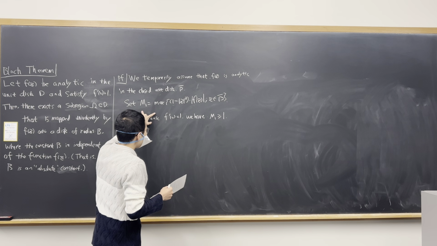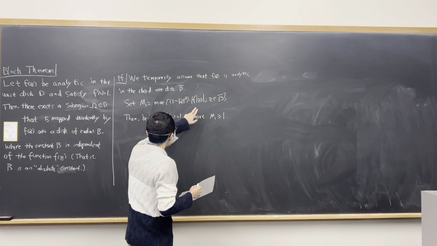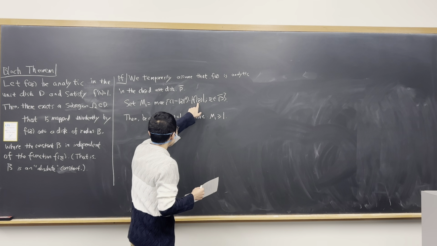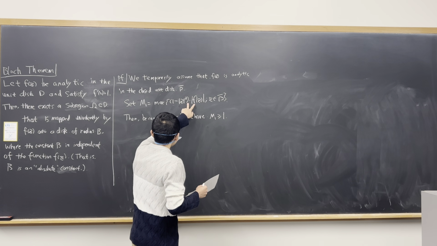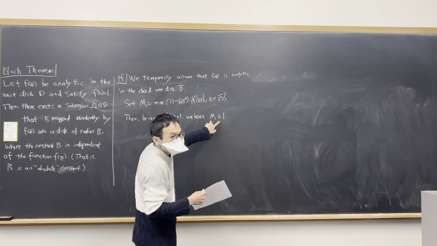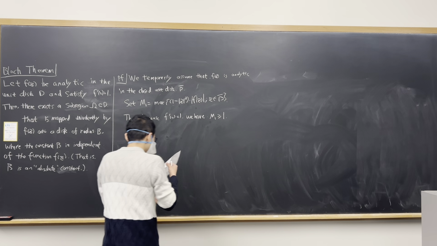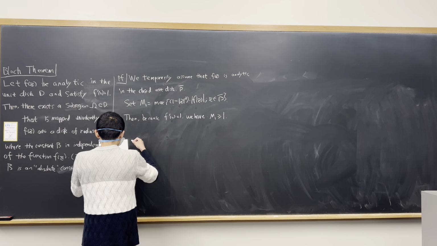When you plug in 0 here, you get f prime 0 here, and then here we get 1. So this means that this maximum must be bigger than or equal to 1.